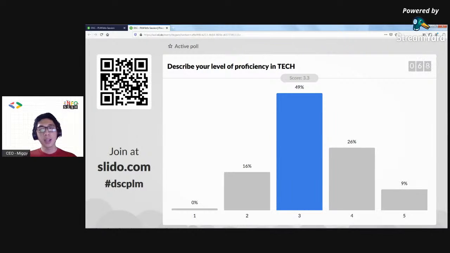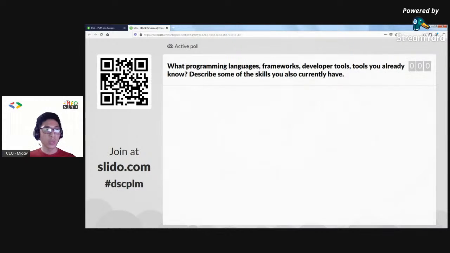So I think let's head on to our last question, which is what programming languages, frameworks, developer tools, or tools in general that you have already used? For instance, if you have used Photoshop, then it's fine. Or if you have used Canva, then it's fine.